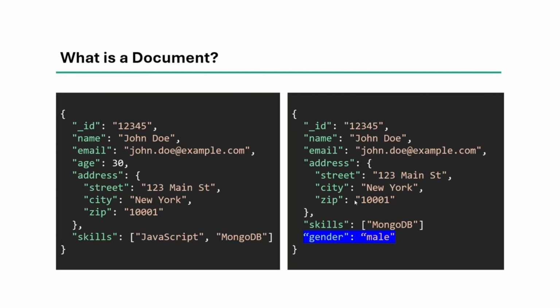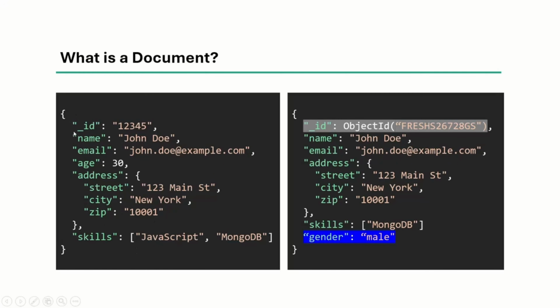One more thing which you need to understand about documents is that a document will always have an underscore ID field, even if you don't specify it. So whenever you insert a document in a collection, if you don't specify an underscore ID field there, it will be created by MongoDB. So for example, let's say we inserted this document in the users collection.